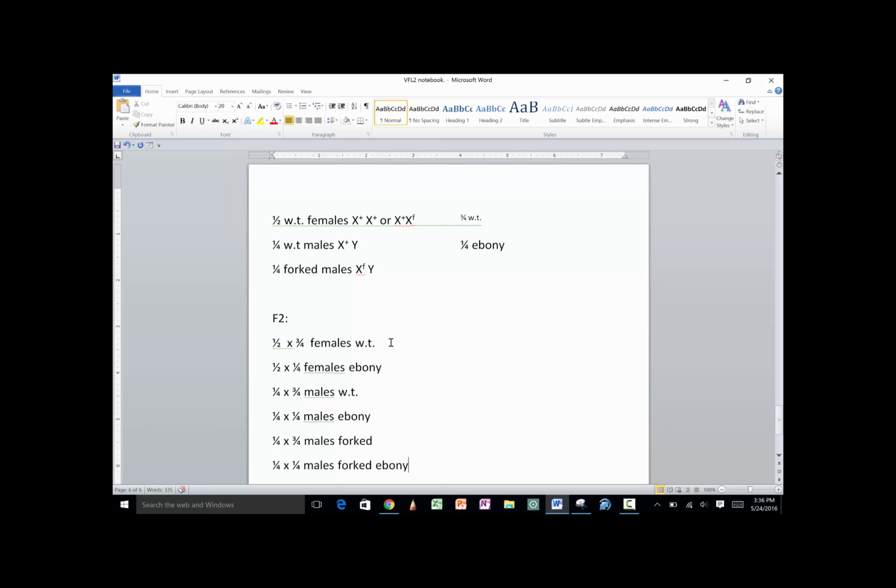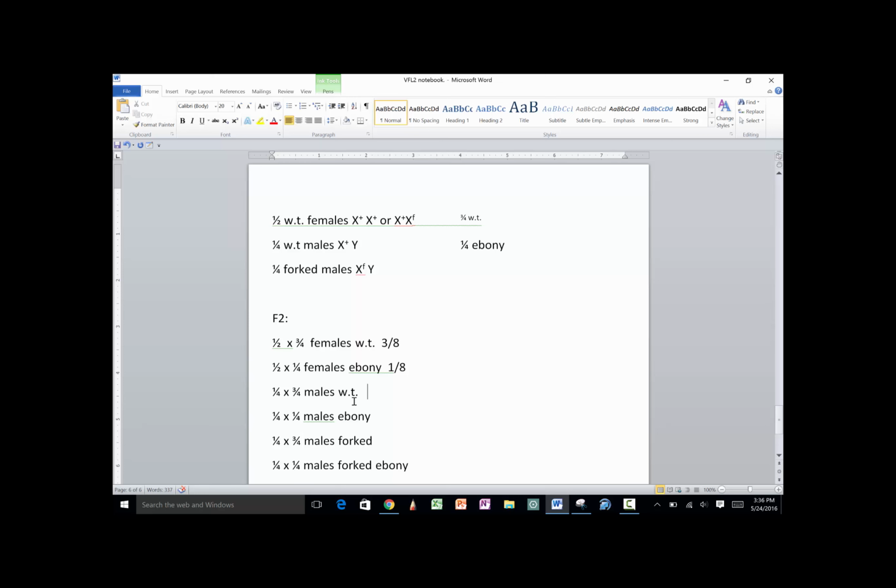So we put all that together. We expect 3/8 wild type females. 1/8 ebony females. 3/16. Is that right? No, wait a minute.